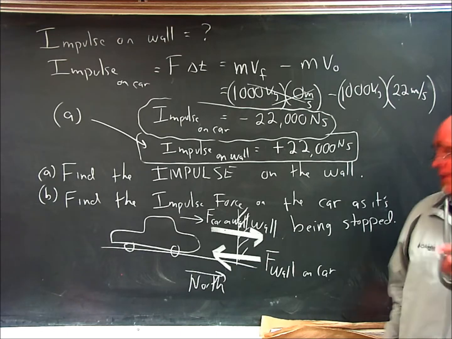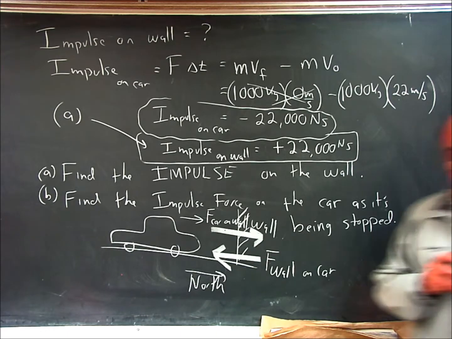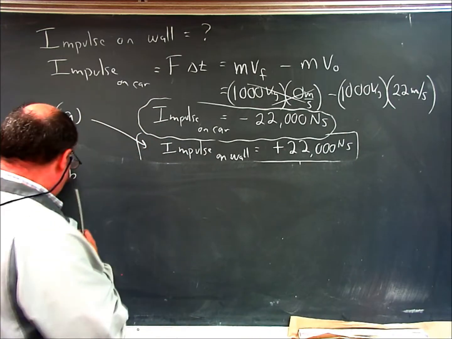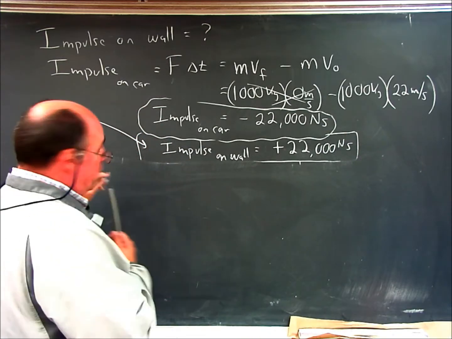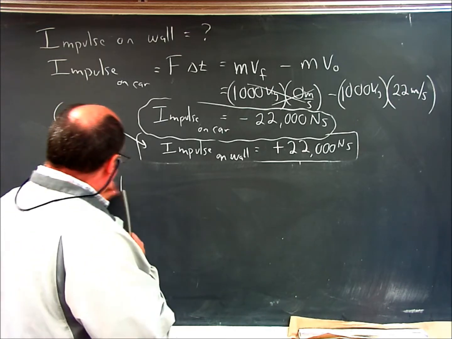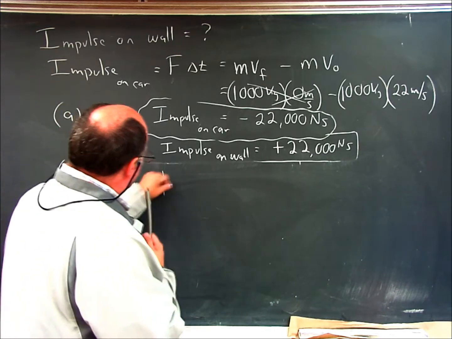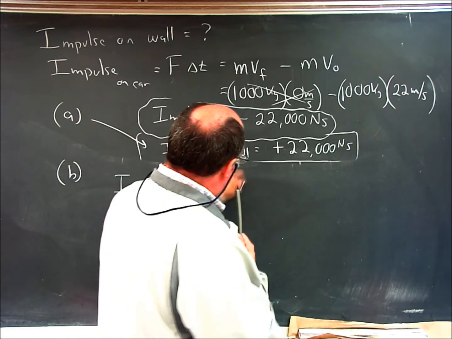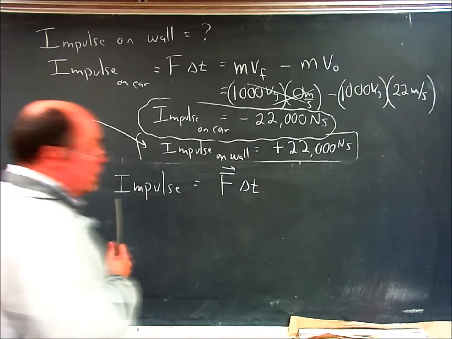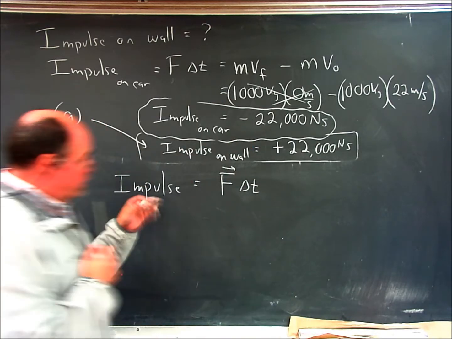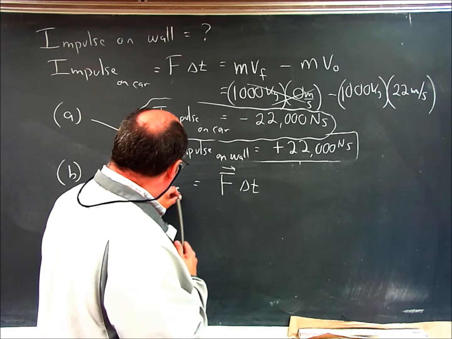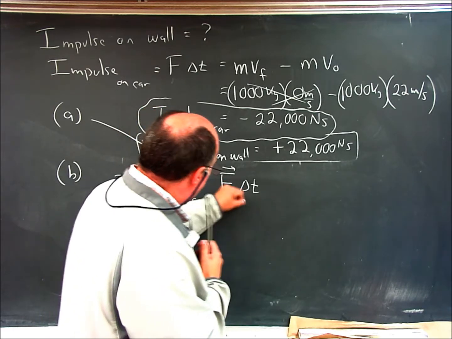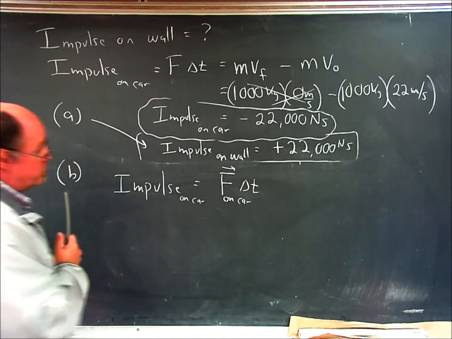Now the second question says, find the impulse force on the car. So question B says, find the impulse force on the car. There was a formula that said impulse equals force times delta T. Well, we're looking for the impulse on the car, and this is the force on the car.